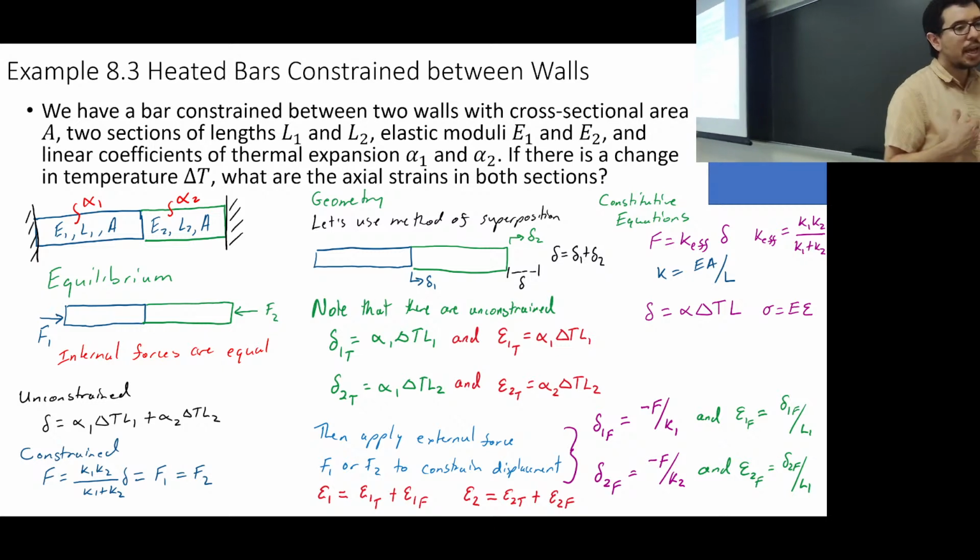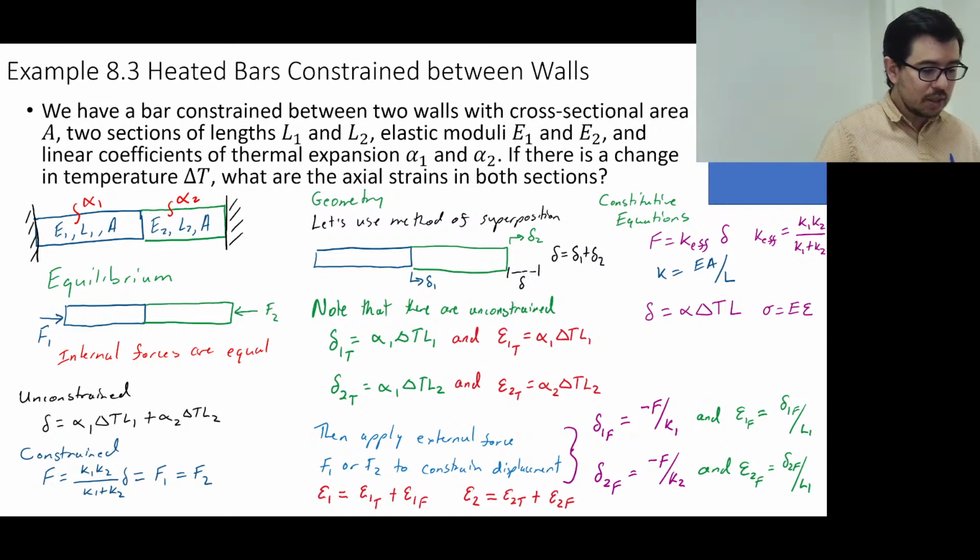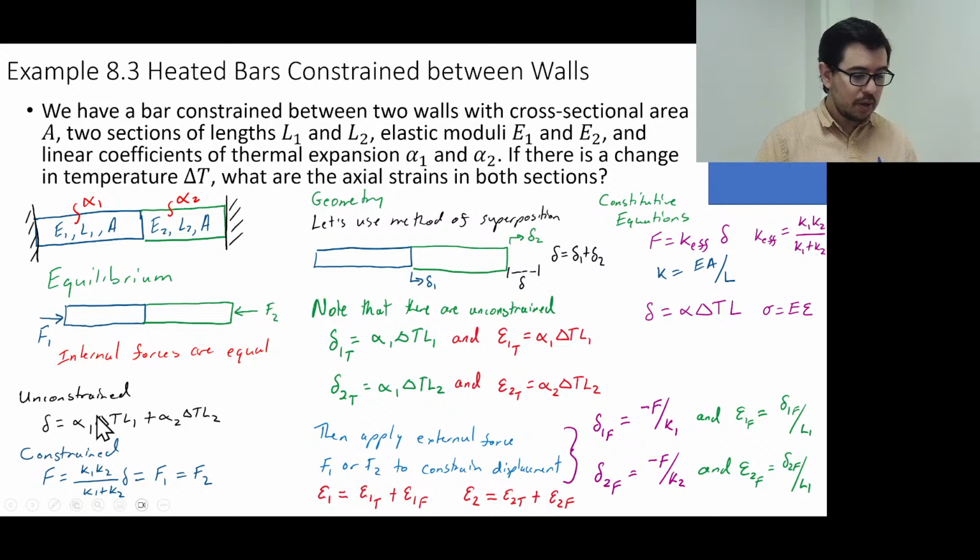All right, so that's a nice relationship for the force that we can calculate, because now I know that delta is this, so I can figure out what the force is across the system. Okay.